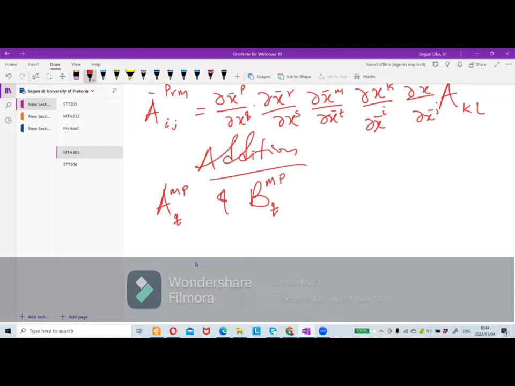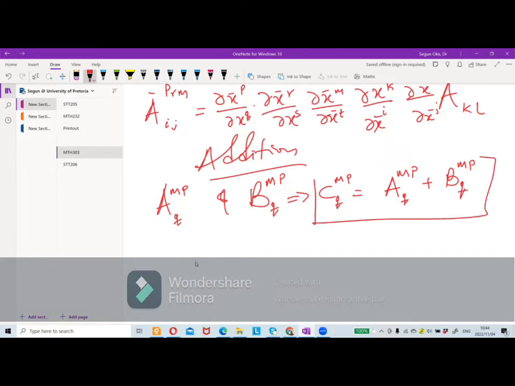Addition will now be implied as C MPQ equals A MPQ plus B MPQ. So you can see the addition.